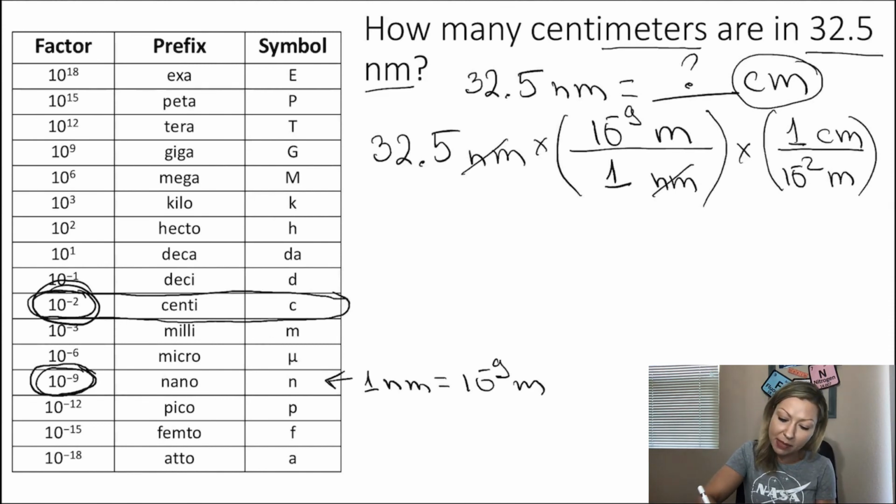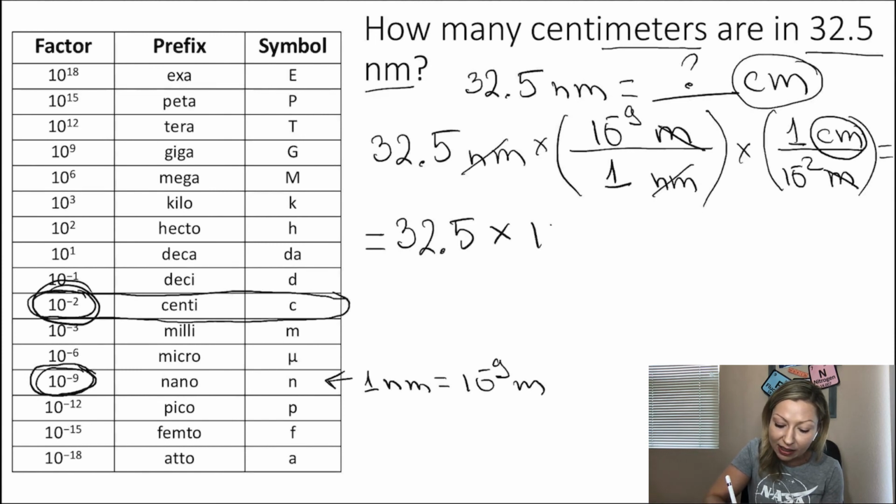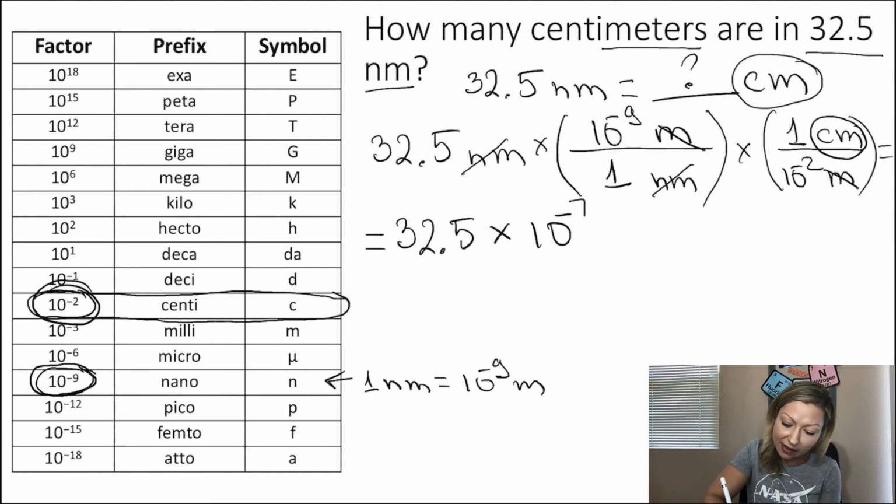Now my meters canceled out and my final unit is going to be centimeters. So if you do this calculation, you are going to get 32.5 times 10 to the 9th minus 10 to the 2nd, which is going to be the minus 7th, and my correct units are centimeters.